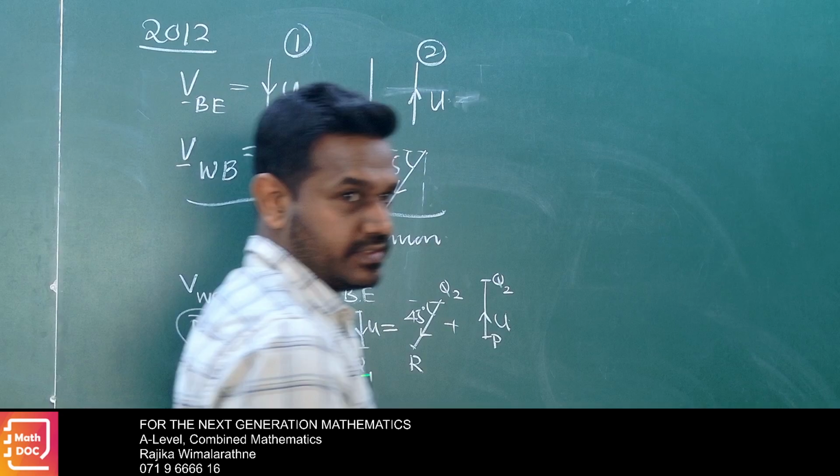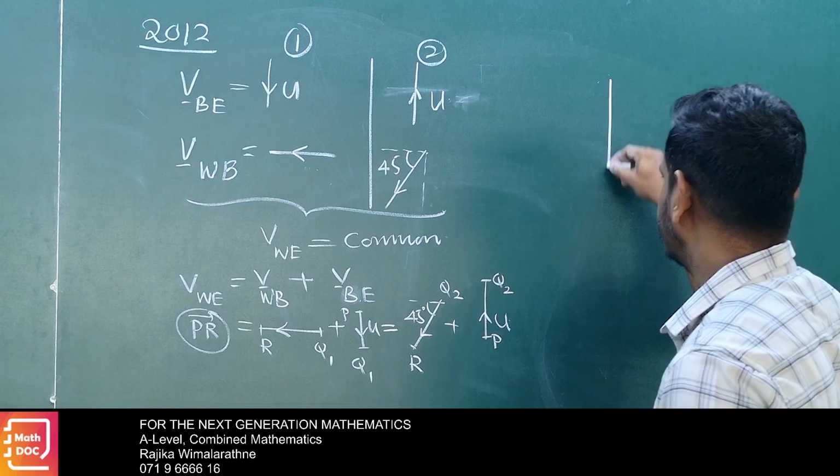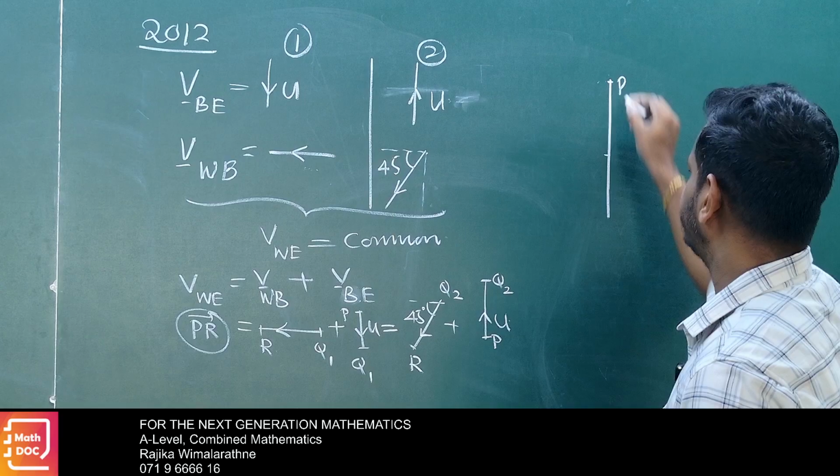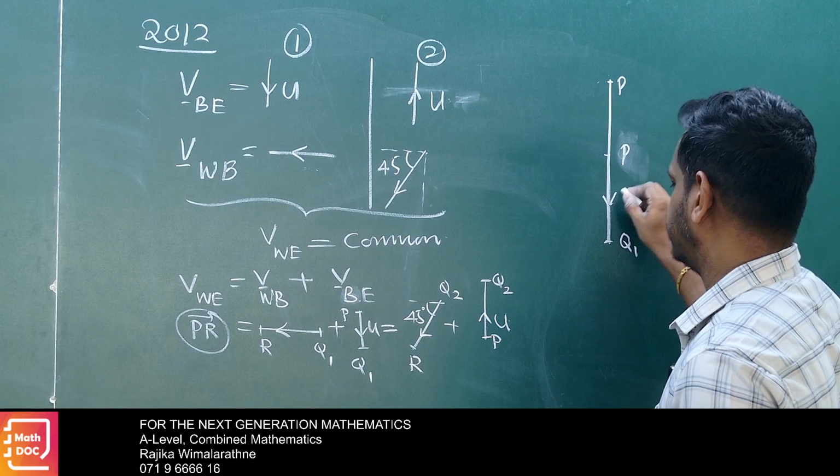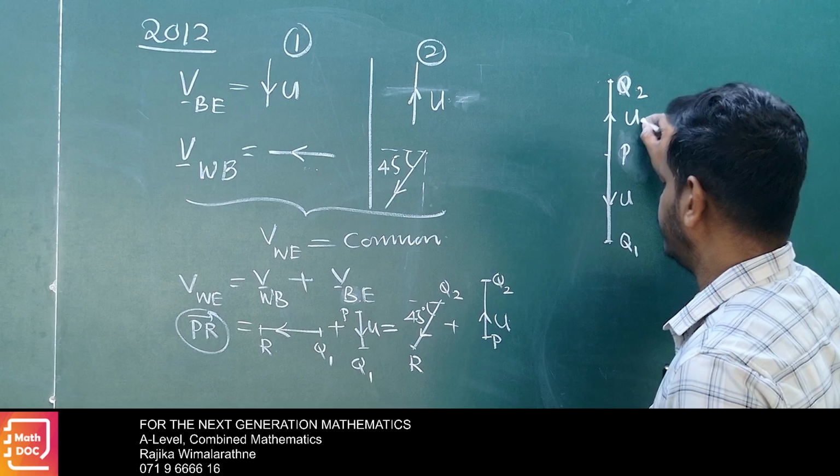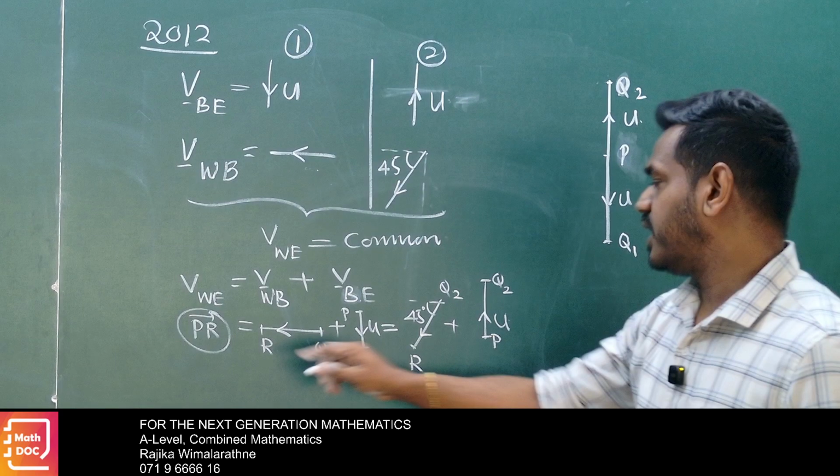Then start sketching PQ1, PQ2, U, then Q1R, then Q2R.